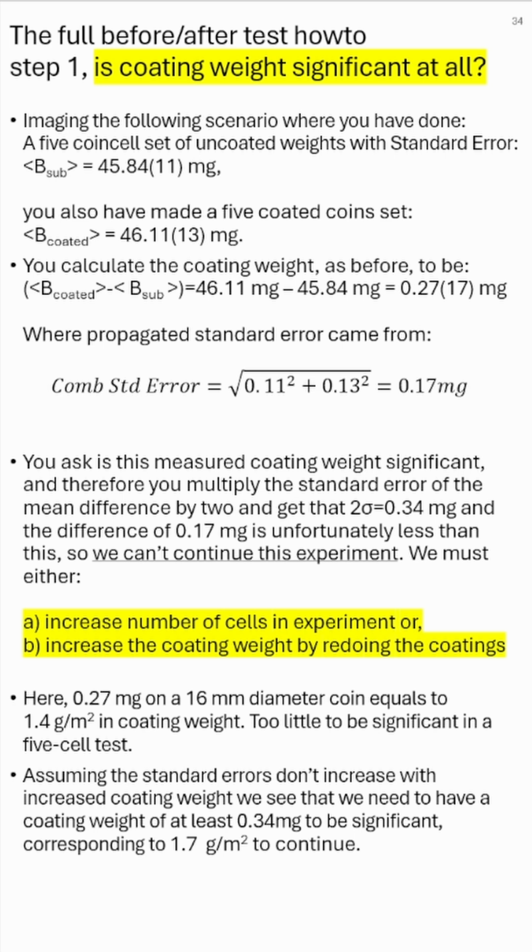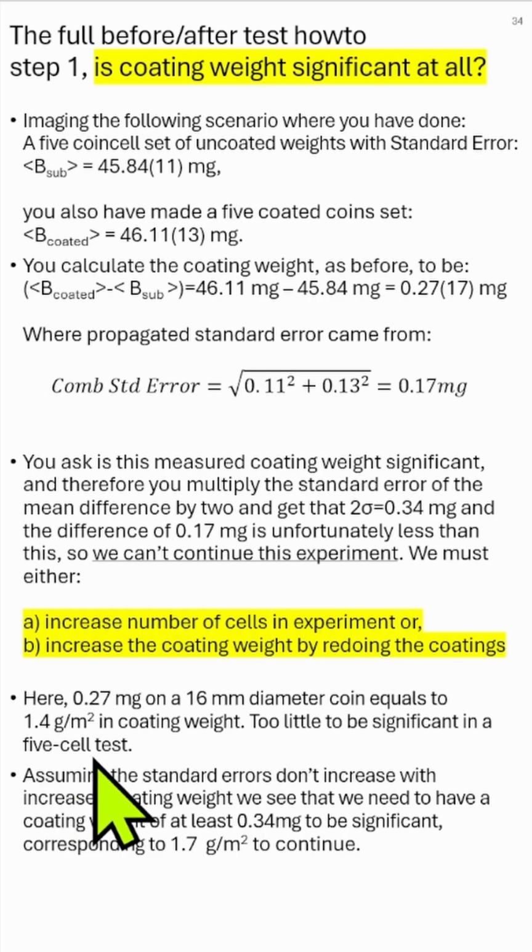And what is 0.27 milligram in coating weight? Well, we use 16 millimeter diameter coins here, so that equals 1.4 grams per square meter in coating weight. So that's too little for a 5-cell test, so to say.